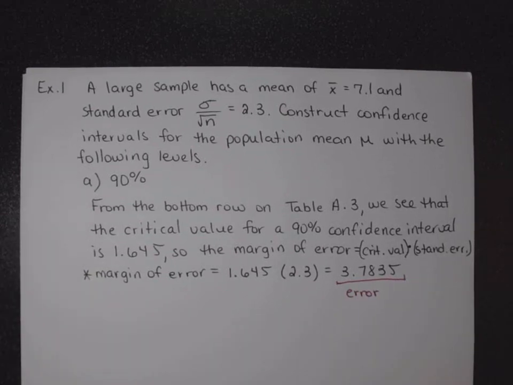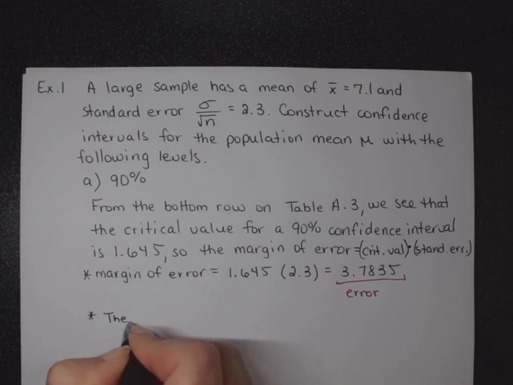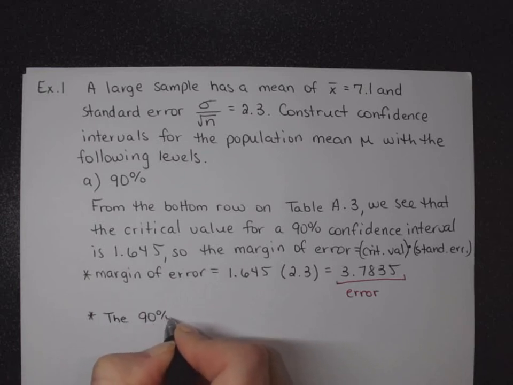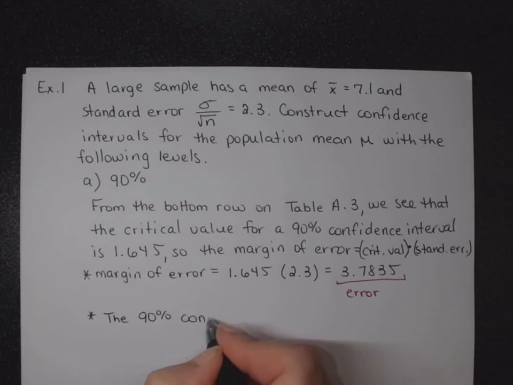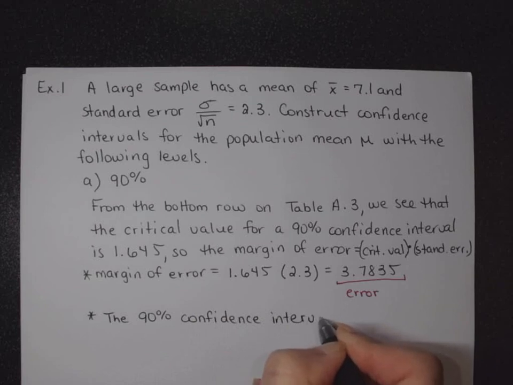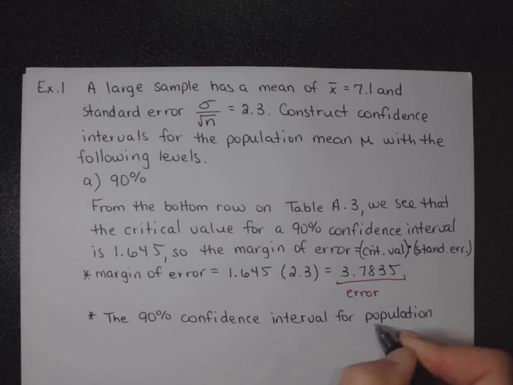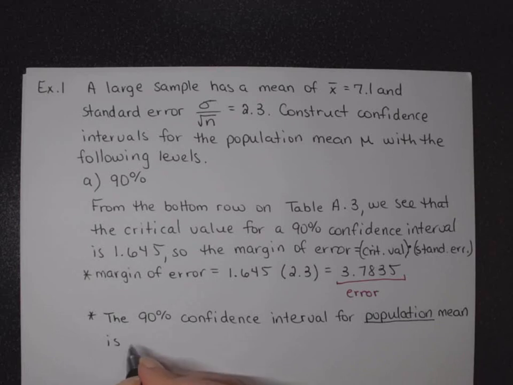Okay, so if I want to be 90% confident, so the 90% confidence interval then for the population mean, because remember I'm judging the population mean off of the sample mean, is going to be what we thought it was.